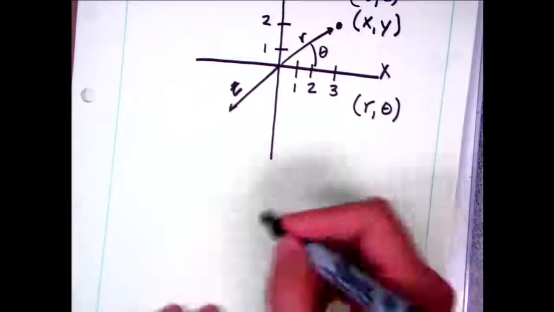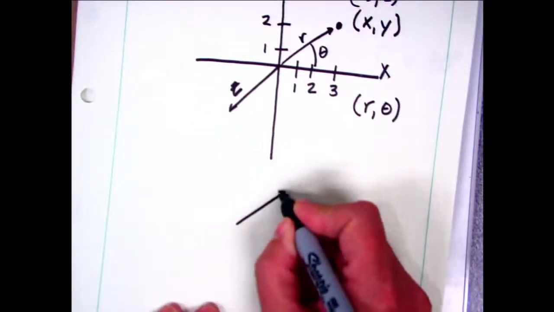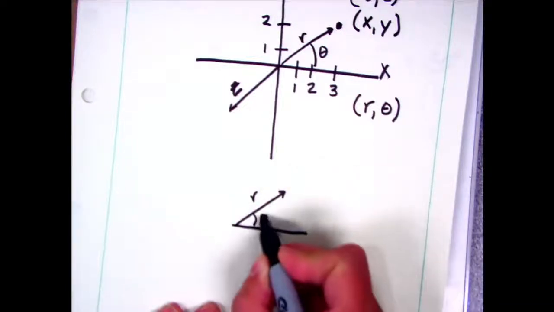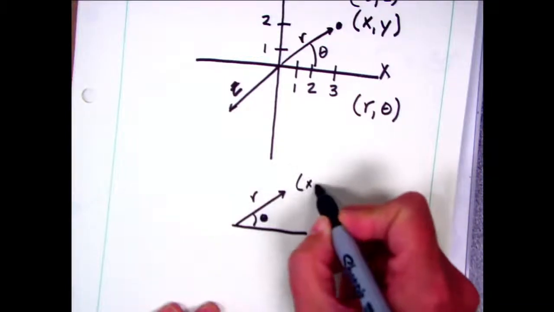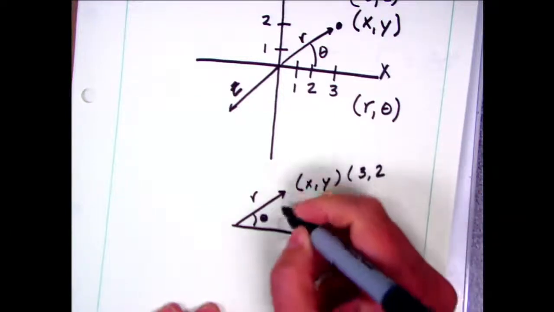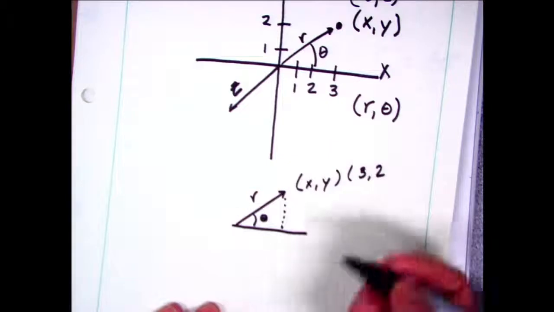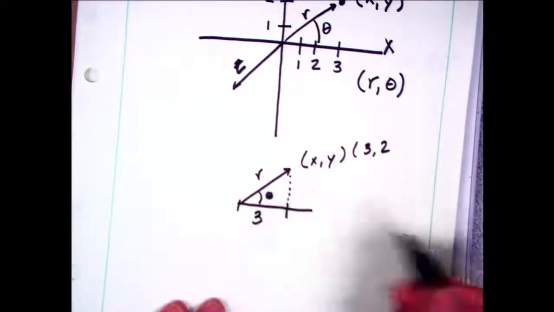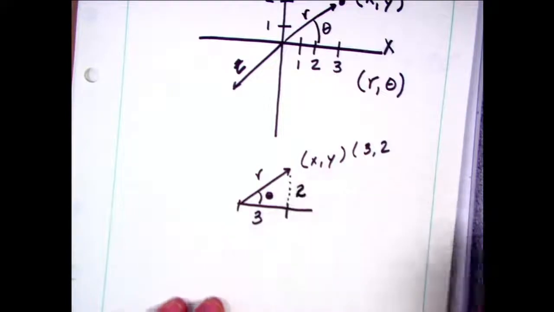So if I do this and I've got my r, so this is my r and this is my theta, and we said that in my xy system this was 3 and 2. If I were to draw my points, there's my x, this is 3, and there's my 2 for my y.